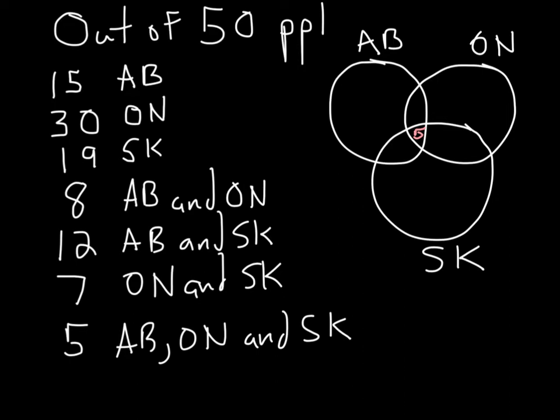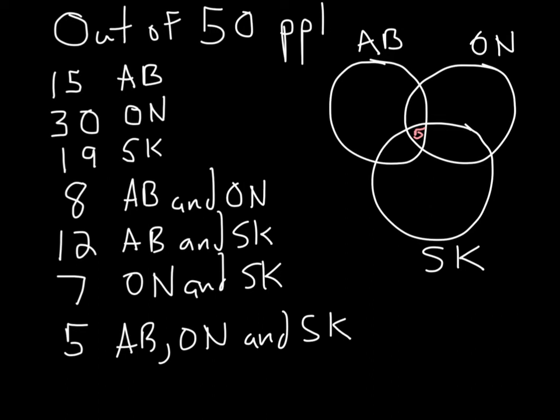So let's look at the next. So 7 people have been to Ontario and Saskatchewan. So where's Ontario and Saskatchewan? Here's the set of people who went to Ontario here. Here's the set of people who've been to Saskatchewan here. And here is their intersection. So I know there should be 7 people who've been to Ontario and Saskatchewan. I know 5 have been to all 3 provinces, Ontario, Saskatchewan, and Alberta.